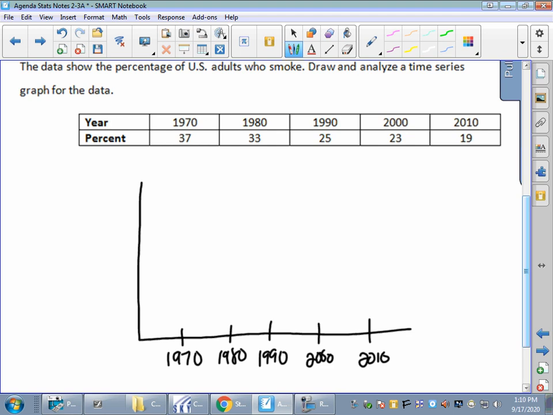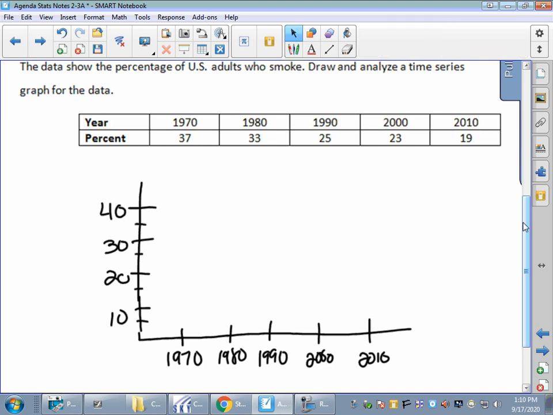So if it starts way up high, you can do that little break that we do in a graph. This one you don't really need to because we've got a high of, what, 37 and a low of 19. So I'll go up here to 40, 20, 10. So in 1970, everybody gets the idea.